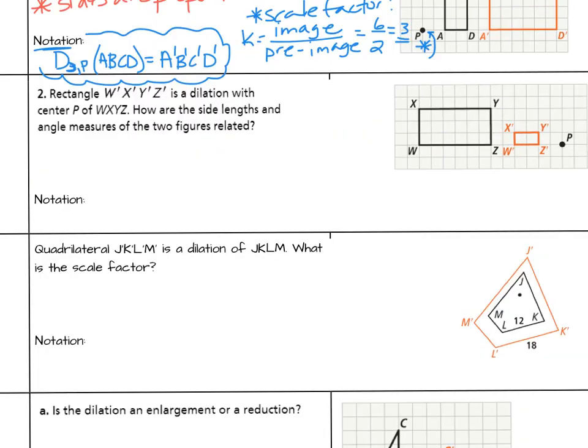In our next example, we have another rectangle. It says rectangle WXYZ prime is a dilation with center point P again of WXYZ. How are the side lengths and angle measures related? Well, we know by definition, we're just repeating what we wrote up above to really ensure that understanding. Angles are congruent.